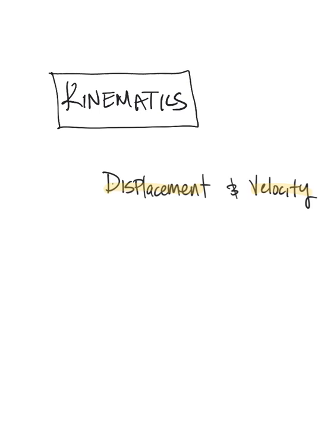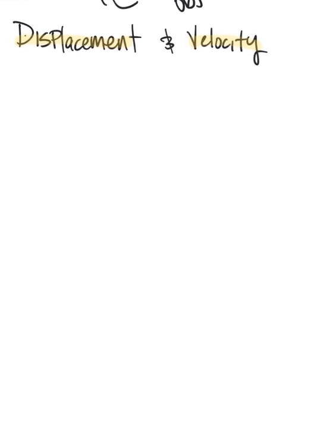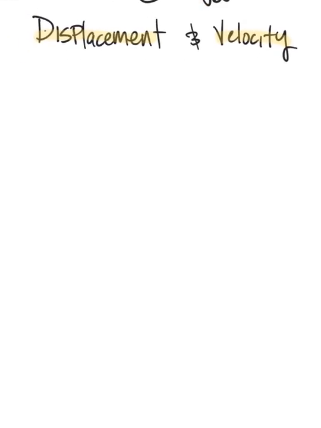How do we use math to talk about moving objects? That's what kinematics is. So we're going to have several videos and at least 3 units that encompass kinematics. And this is our first video, and we're talking about maybe some of the most fundamental concepts here, which are, again, displacement and velocity. So let's get to it.